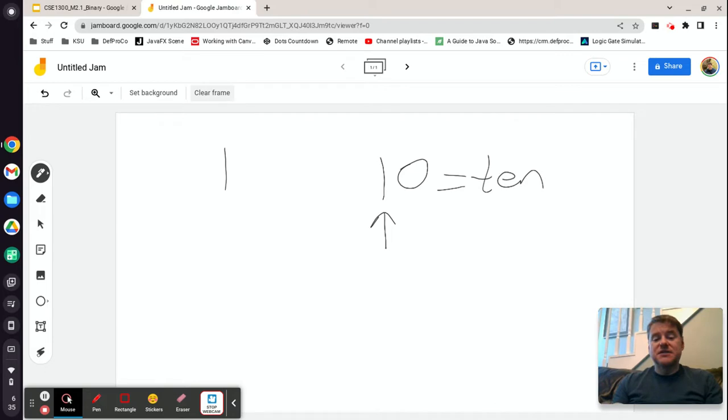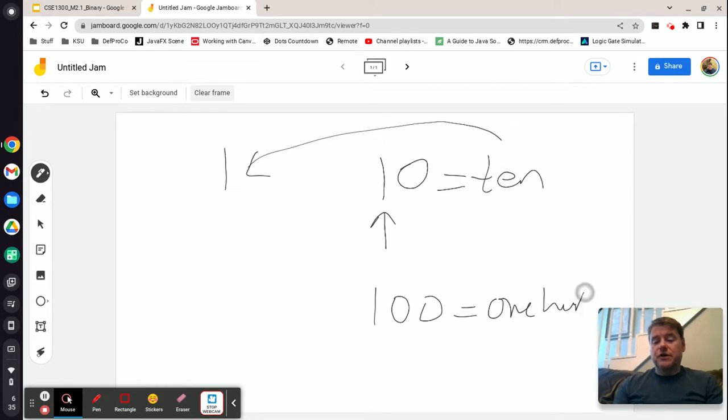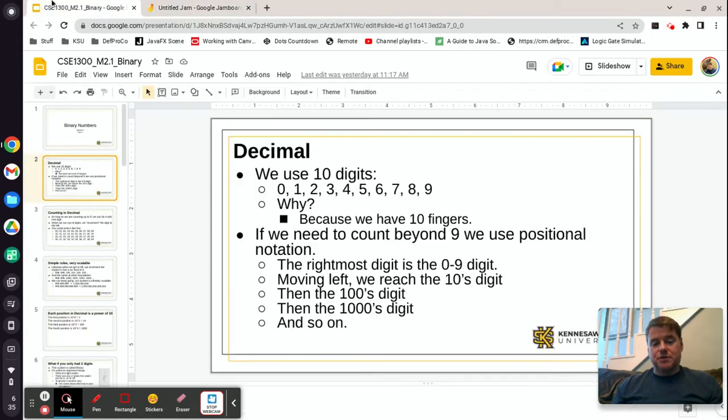It is 10 times larger, simply because of where I put the 1. I put it to the left of another digit. And likewise, if I say 100, you know that that's 100 because it is 2 places over. So this is positional notation, and it's something we use all the time in decimal without really thinking about it.